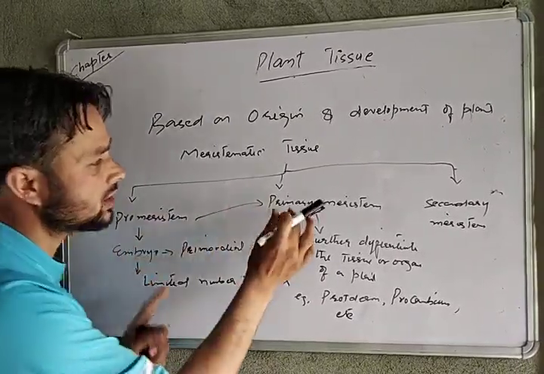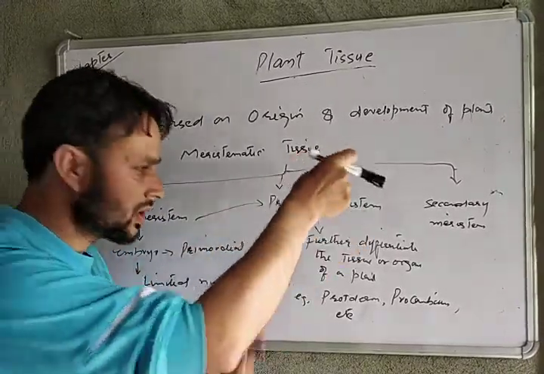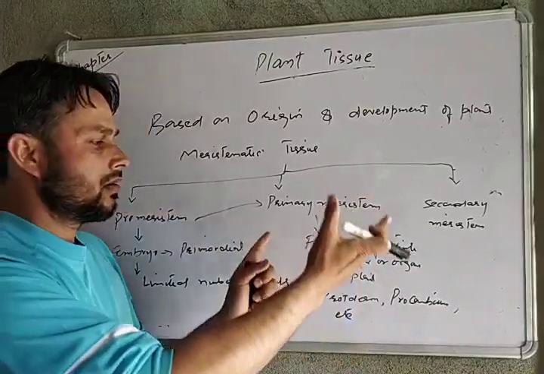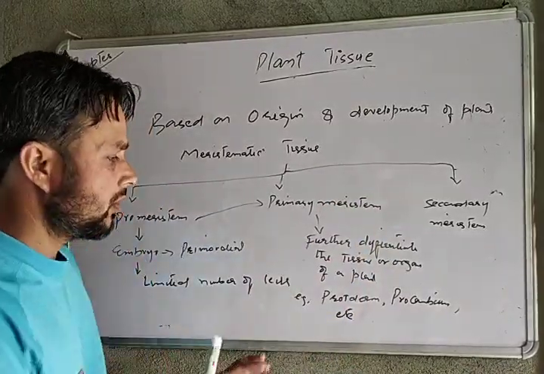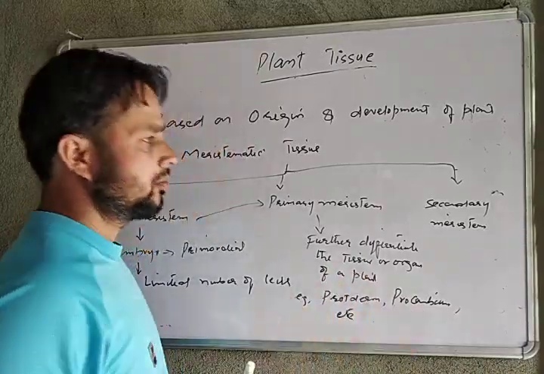It forms a mass of cells known as primary meristem. This primary meristem further differentiates into different tissues or organs of a plant. We will take the examples protoderm and procambium.